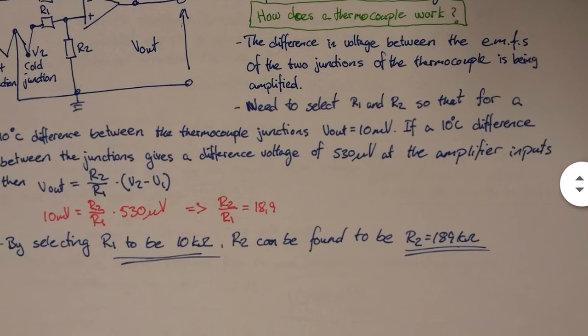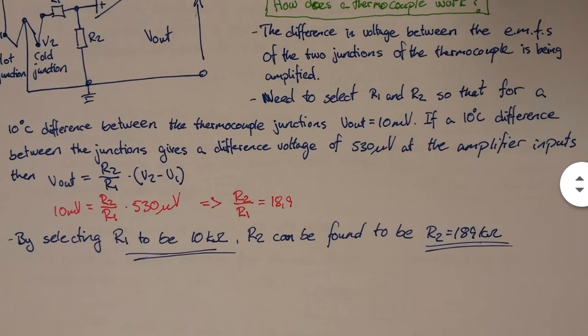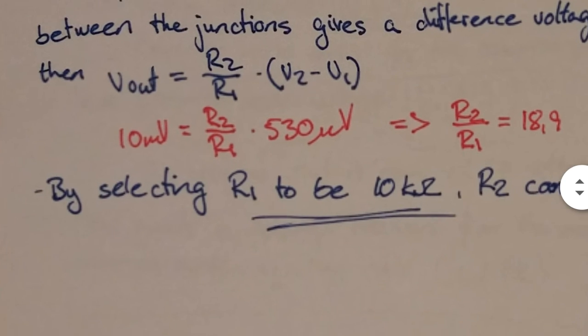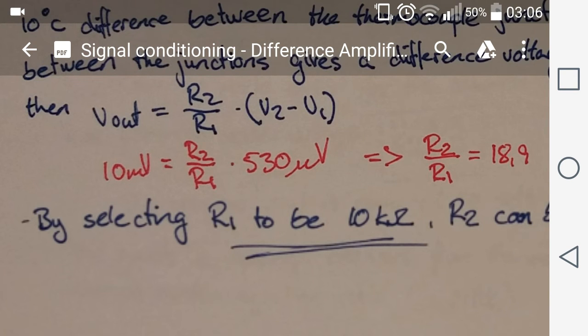And we know that a 10-degree difference between the junctions gives a difference voltage of 530 microvolt on the inputs of the amplifier, then we can use this equation, where the output signal is equal to the ratio of R2 divided by R1 times the difference in input signals.